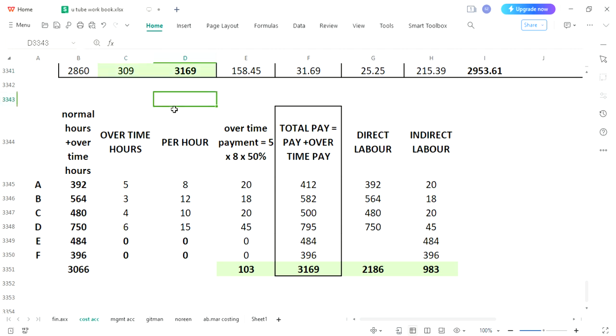Here the difference is your overtime was separated, 309, and in this case overtime was not separated; 100% part of overtime was mixed in your normal hours.